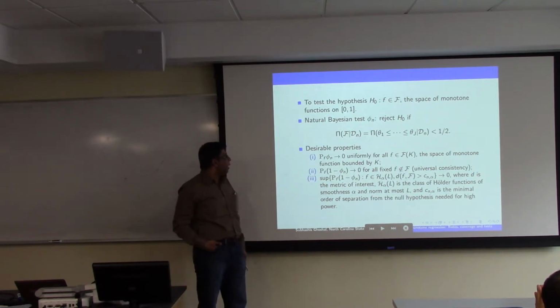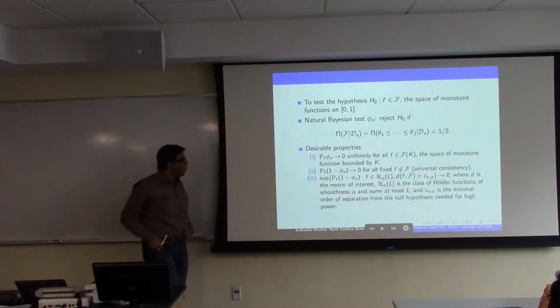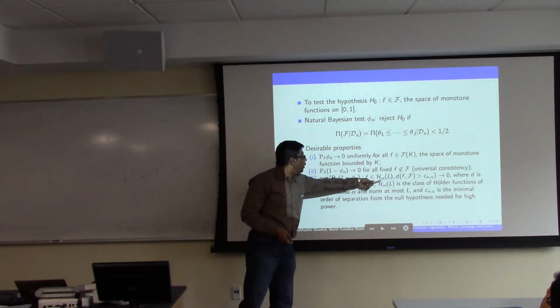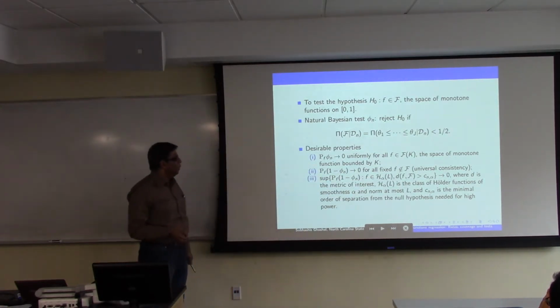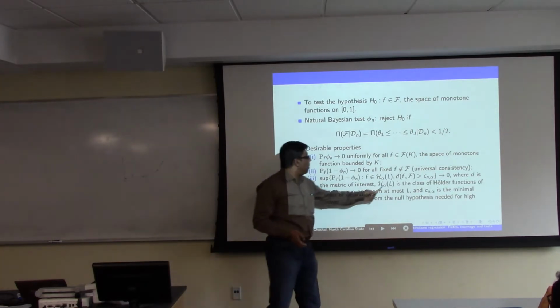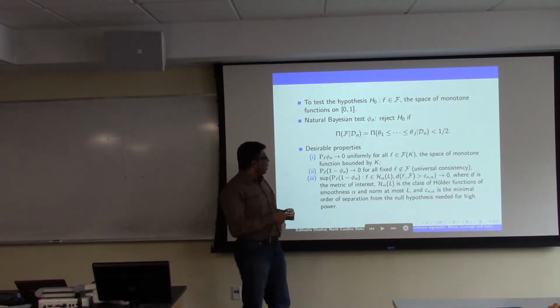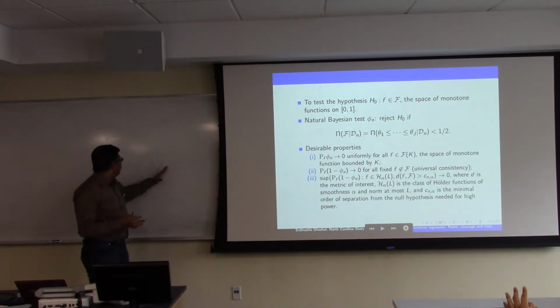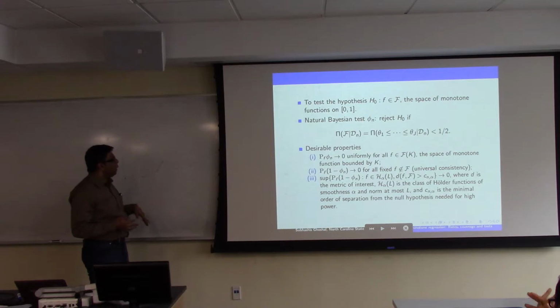And finally, for uniformity, you want good power, but how good the power is will also depend on how smooth the alternative is. If the alternative belongs to a Holder class, or rather a compact subset of the Holder class, what you want is the condition under which the power goes to 1 uniformly. Clearly, if you want uniformity, you cannot allow the alternative to be too close to the space of monotone functions, because then you have interference with the type 1 error.